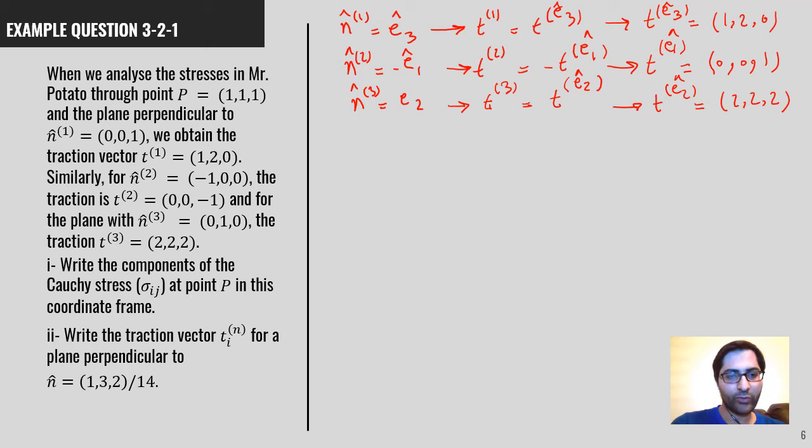Then the first part of the question says write the components of the Cauchy stress tensor sigma ij at point P in this coordinate frame. We've already seen that it is a matrix in which each row is the traction associated with that reference frame direction.